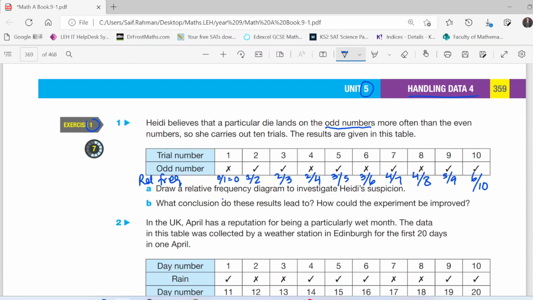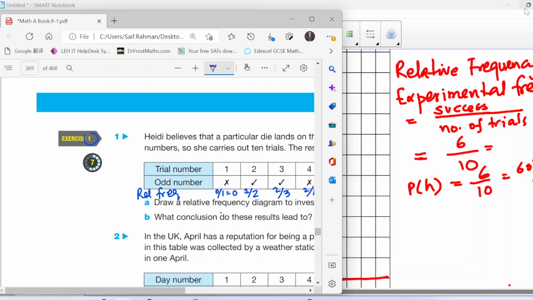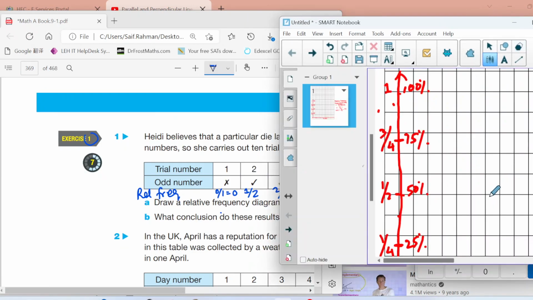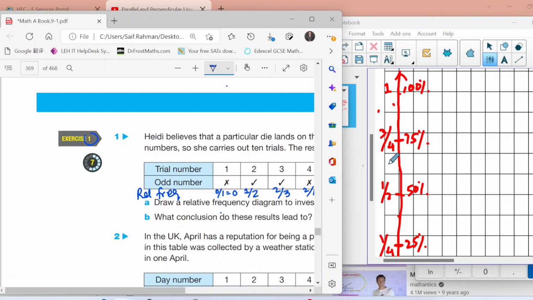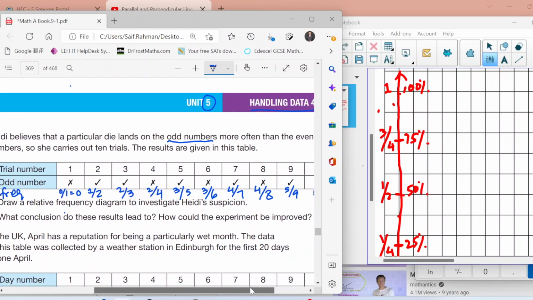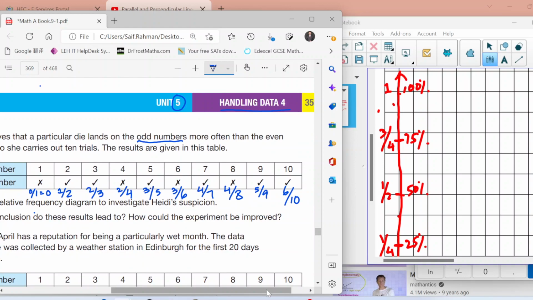We can just plot this relative frequency on the chart which we just studied. Let's make it smaller so that I can do it side by side. For the first experiment, we see that the success ratio was 0. For the second one, it was 1 by 2. So let's plot it here.